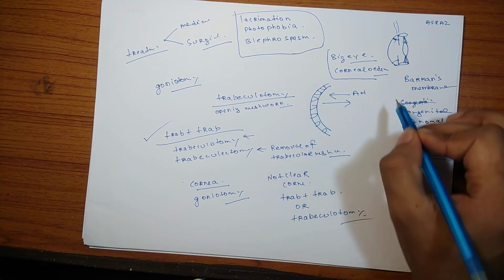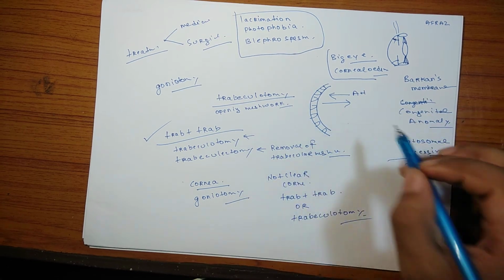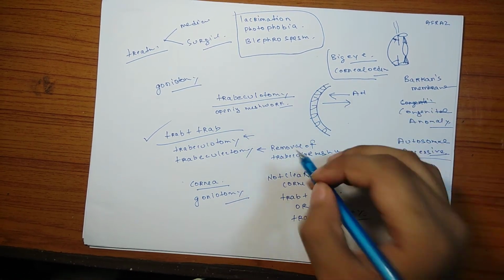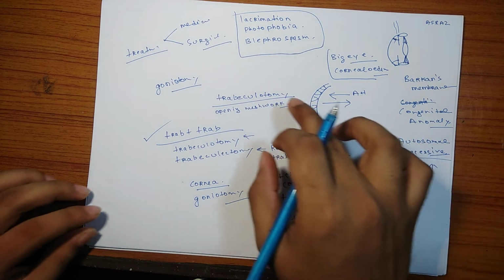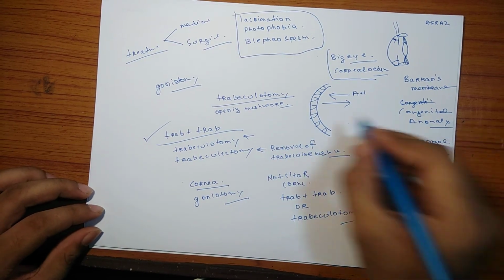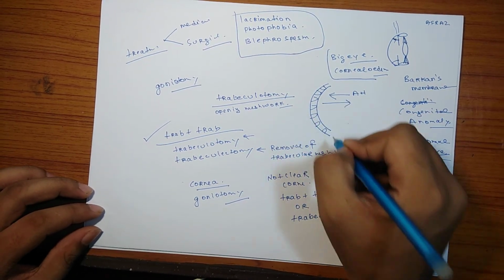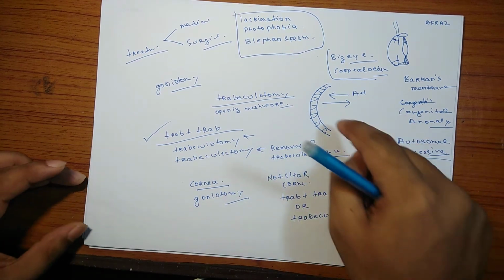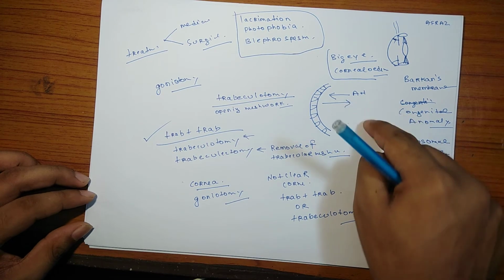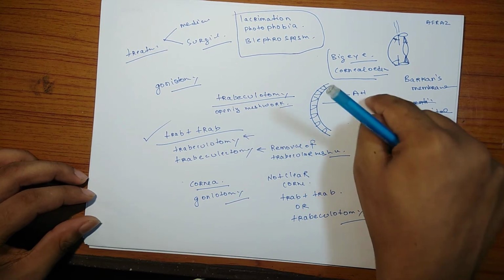Why? Every time the aqueous humor tries to come to the cornea, the cornea has one layer that is known as endothelium. Endothelium contains cells which are known as the endothelial pump. Okay, this contains some kind of pump that is actually throwing out the aqueous humor. These pumps are known as aqueous pumps. This is always happening naturally, but when intraocular pressure is so high in congenital glaucoma, this aqueous pump is failing.